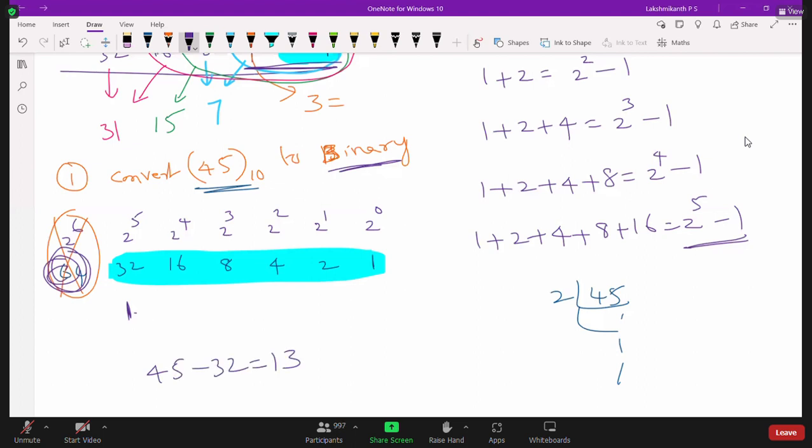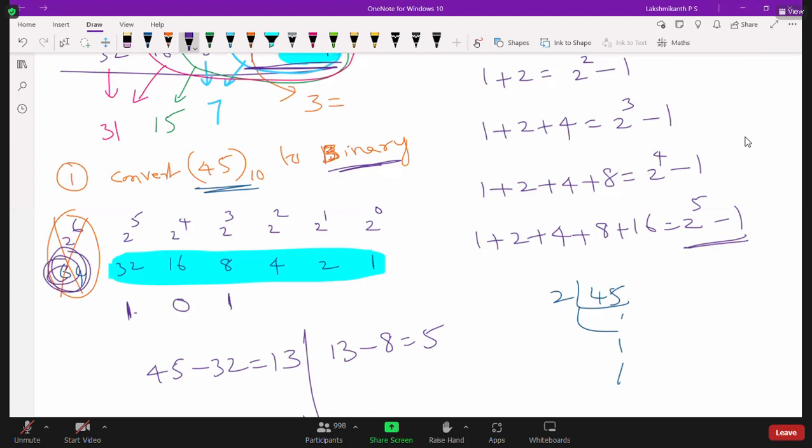Then 16 is not necessary, so you put 0 here. Now 13 means 8 is required, right? 13 minus 8 is 5. So put 1 under 8.